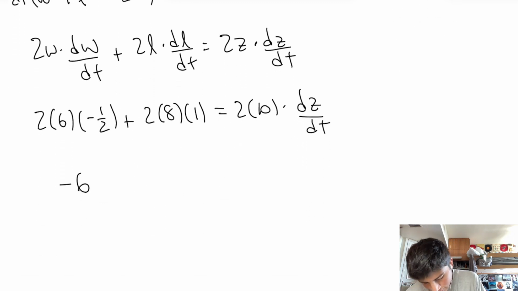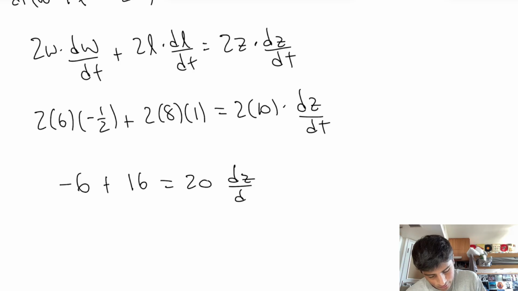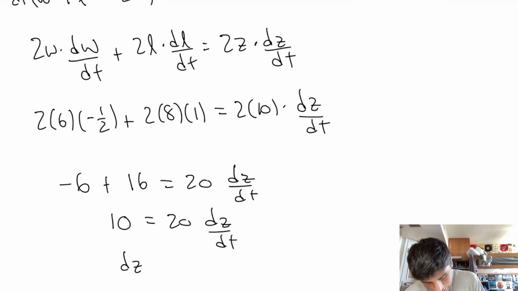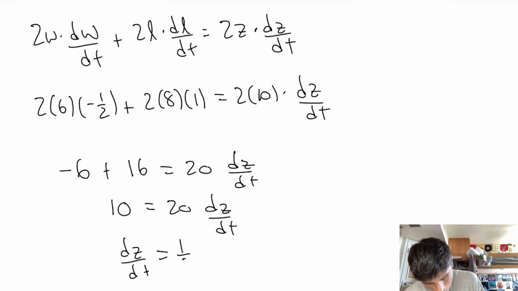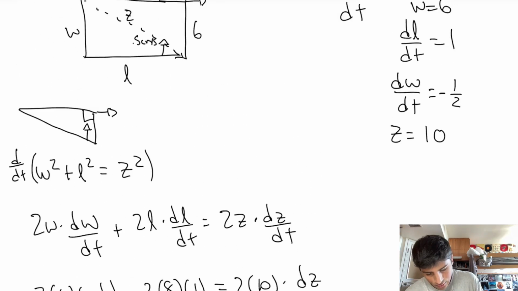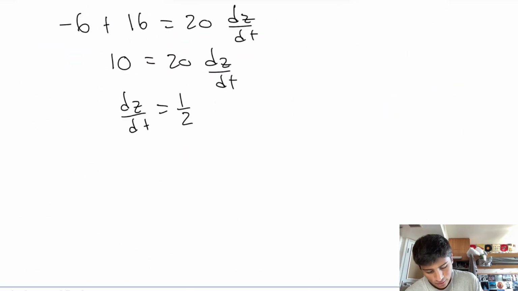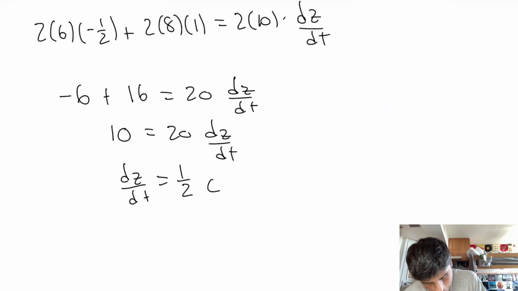Negative 6 plus 16 equals 20 dz over dt, 10 equals 20 dz over dt, and dz over dt equals 1 over 2 centimeters per second.